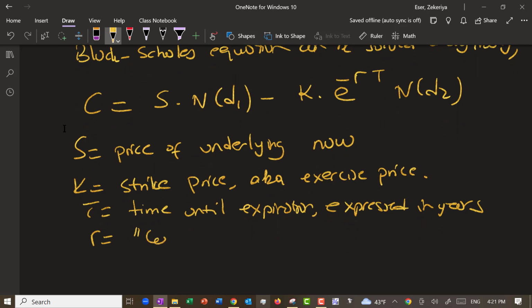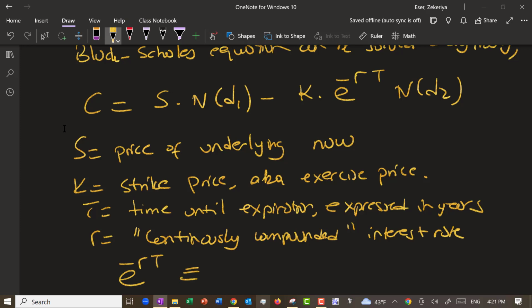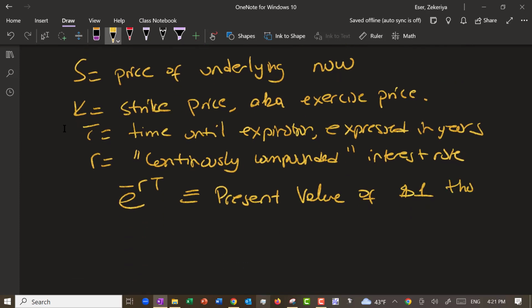R is so-called continuously compounded interest rate, or you can think of e to the negative RT is equal to present value of $1 that is due at time t.